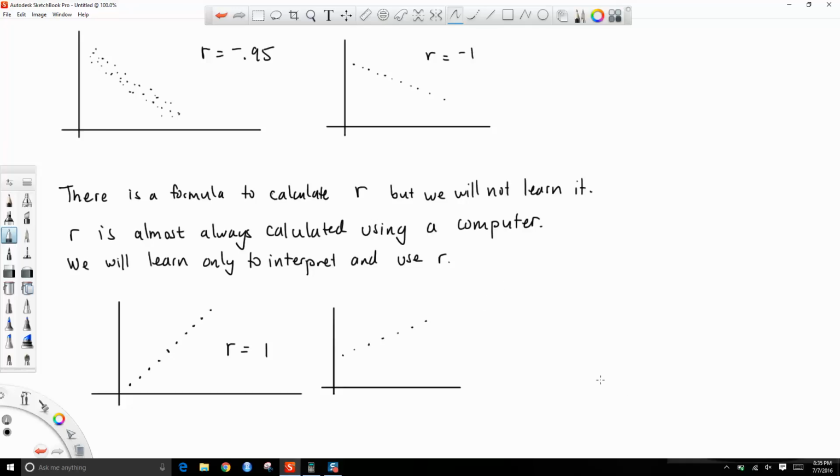What is R here? It's also 1. So R is not affected by the slope. What affects R? The relationship, the strength and direction.